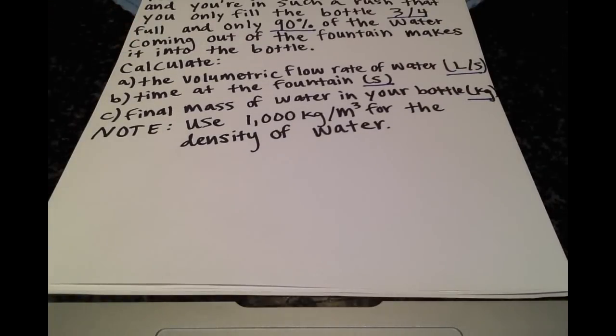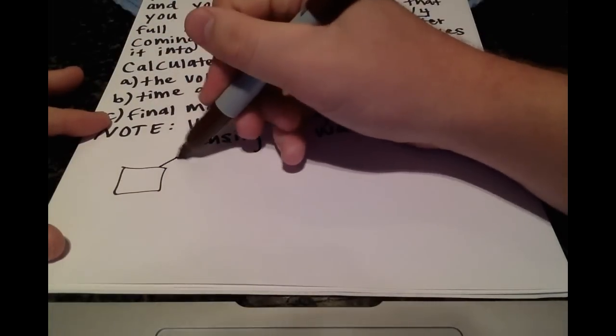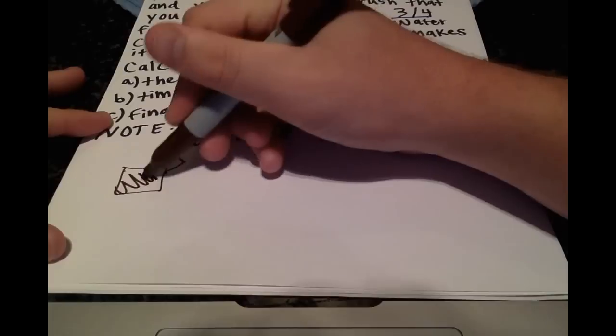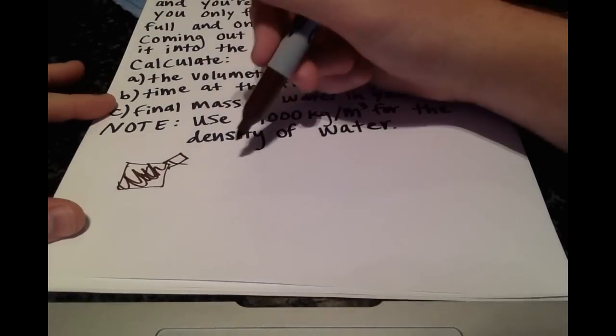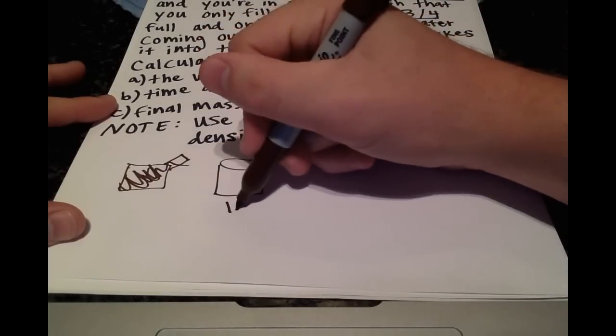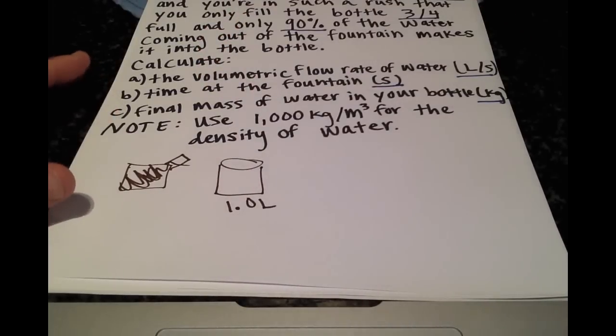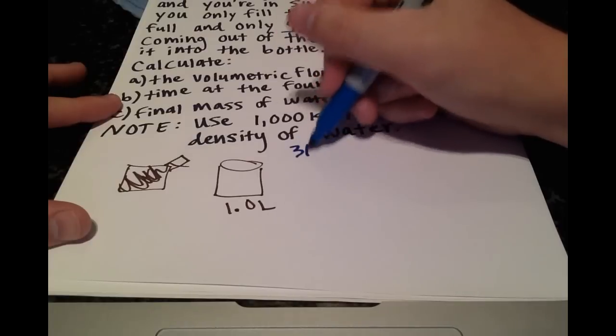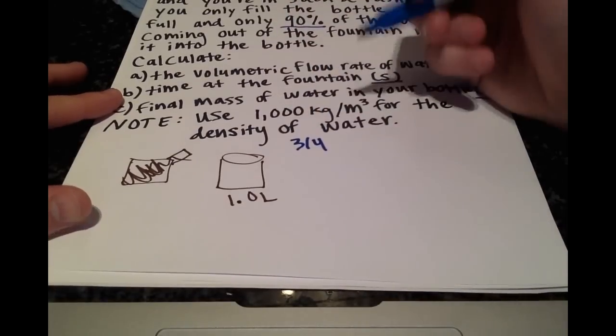Okay, so let's just make a little visual so we can kind of see what's going on. So we have this little water fountain here, and you have your water bottle over here, and that is 1 liter. And they say we're only filling this 3/4 full.